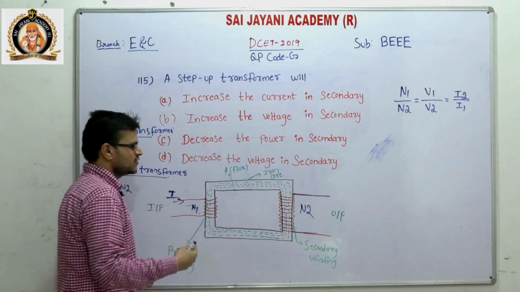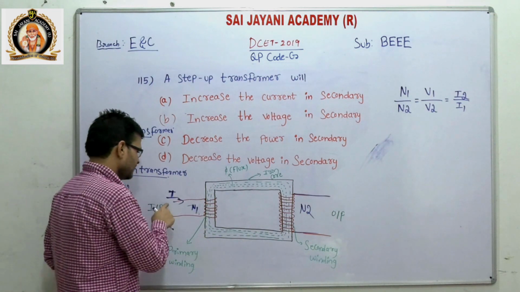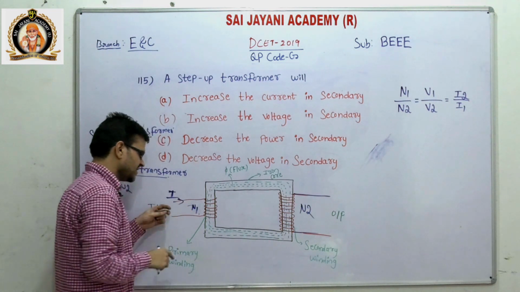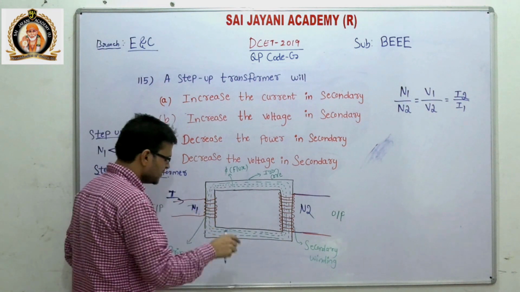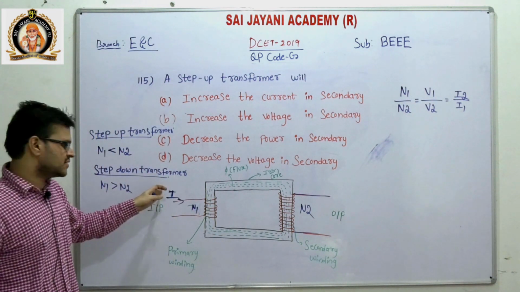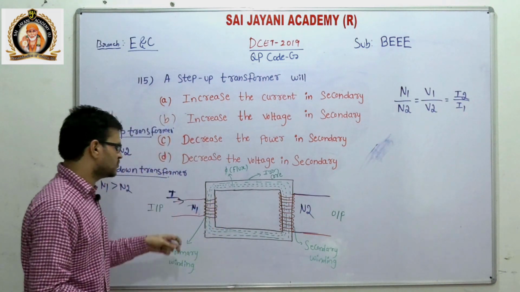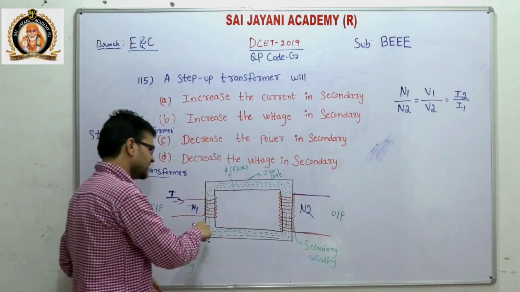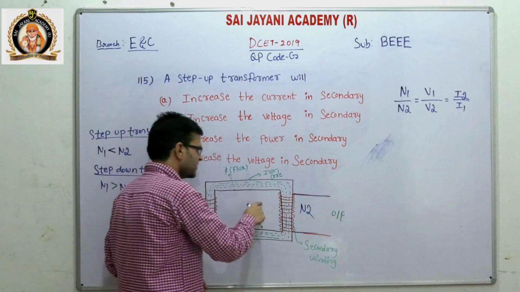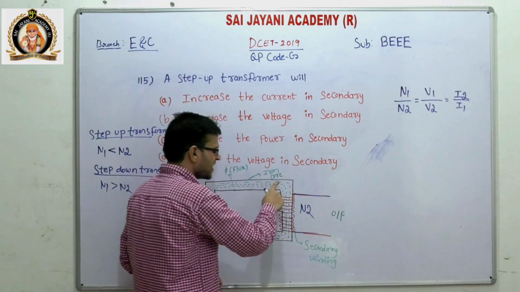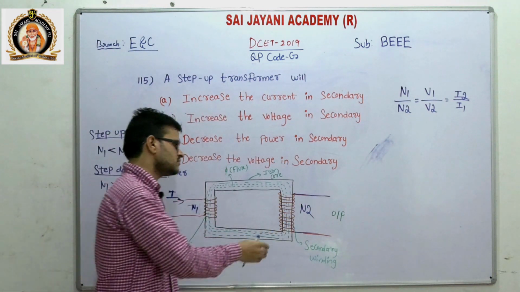Okay, and we knew that a transformer works only on AC circuit. Whenever we give an AC input current to the primary winding, due to change in the current, a magnetic flux is produced. Whenever we increase the current, the magnetic flux will also increase and it links to the secondary winding of the transformer.